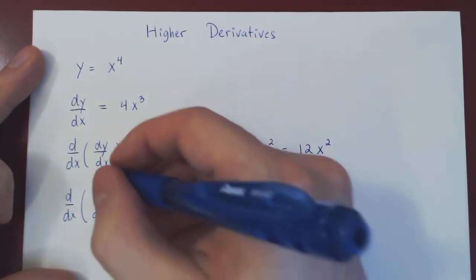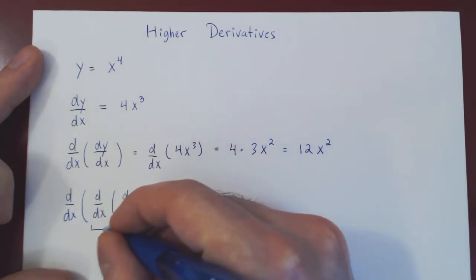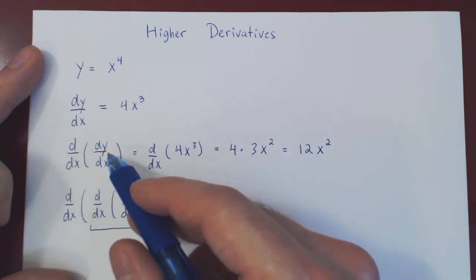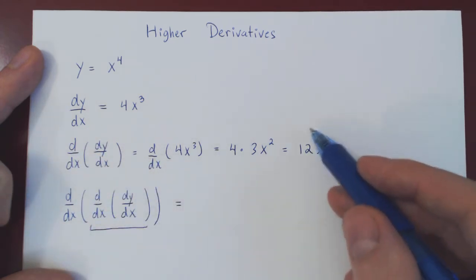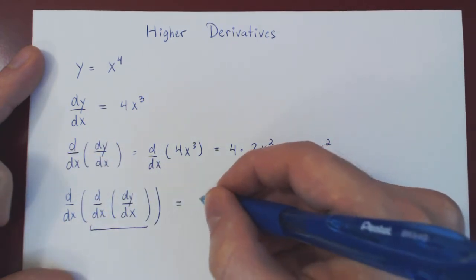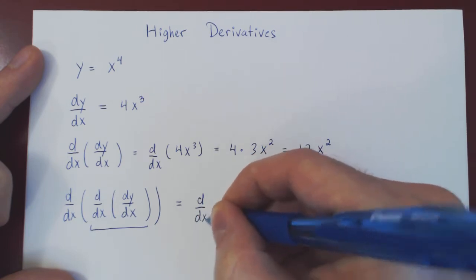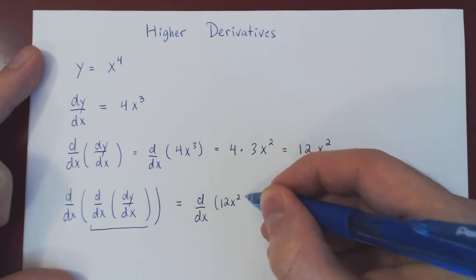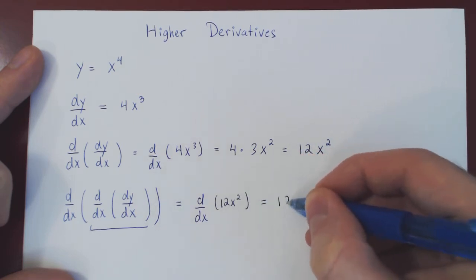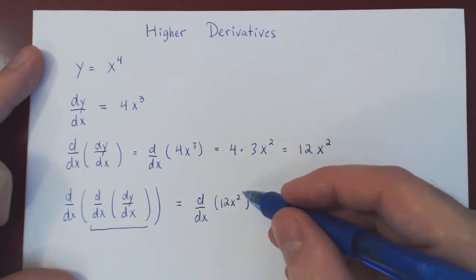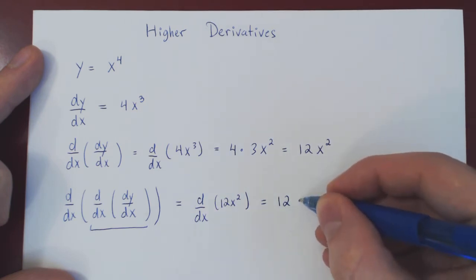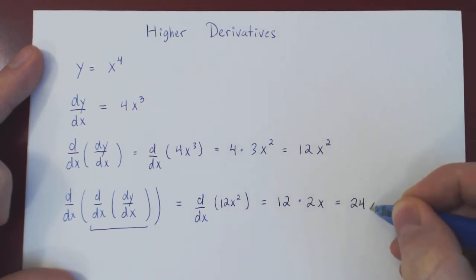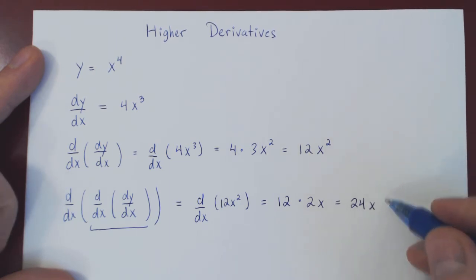But as we have just found, the derivative of the derivative is the simple function of x, 12x squared. So we simply want to differentiate 12x squared. Well, 12 is a constant multiple, it stays there, times the derivative of x squared by the power rule, which once again is 2x, which gives us 24x, which also is a function of x.